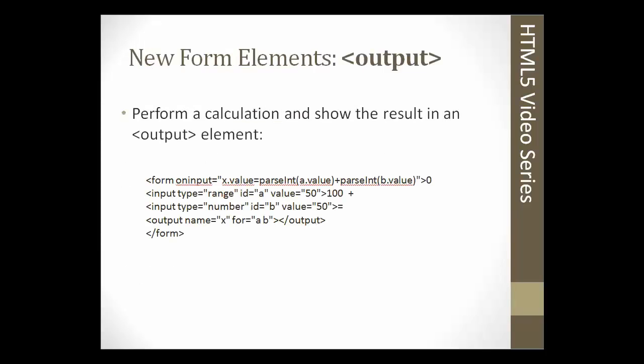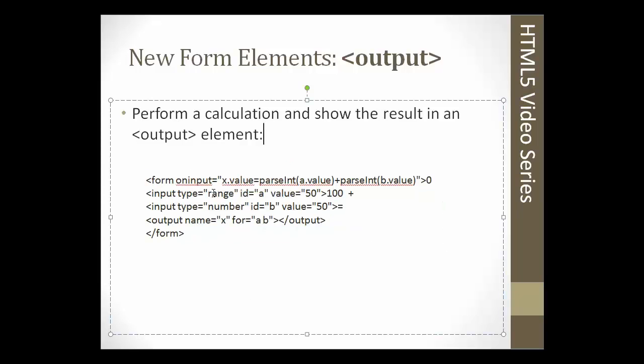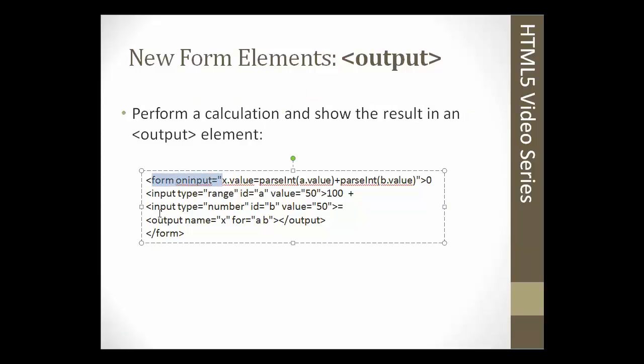The next thing we have is the output tag, which performs a calculation and shows the result in an output element. Here we have an example of that. It's a little complex. We have the oninput attribute with a little bit of JavaScript, and we provide the range.